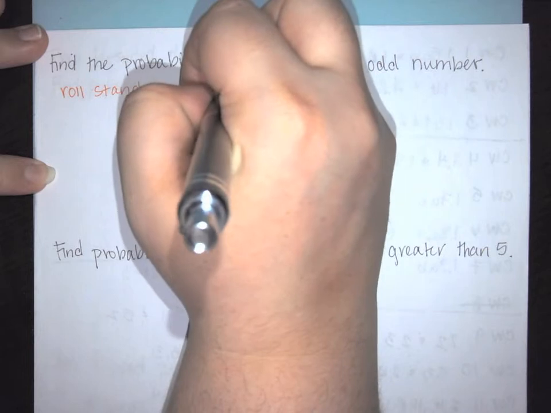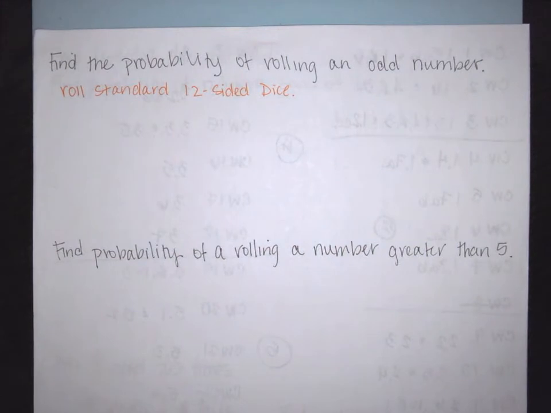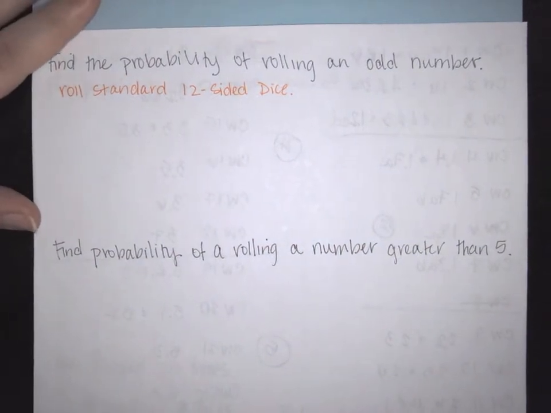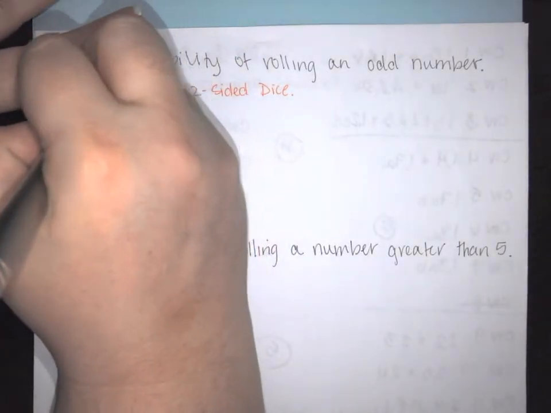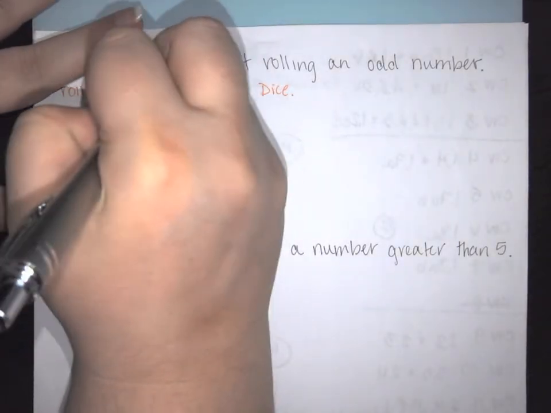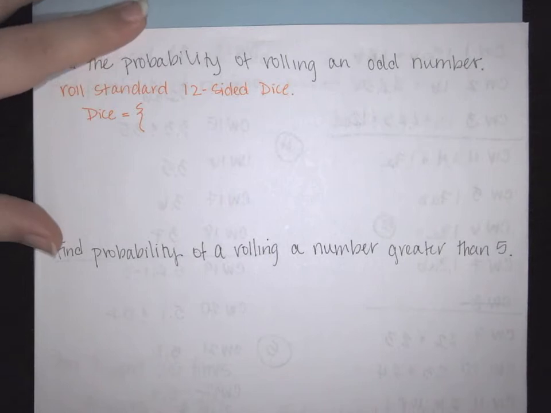Now in this case, let's say that we are going to roll a standard 12-sided dice, or a D12 dice. So the first thing that you always want to do is make sure that you create your list that goes along with your dice.